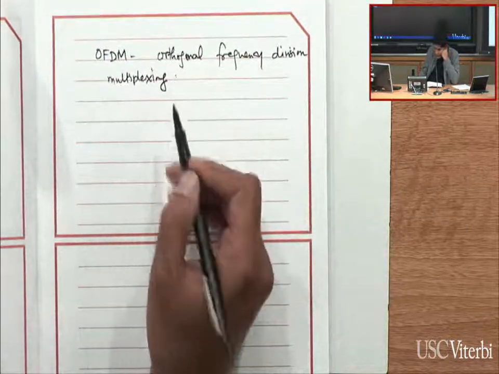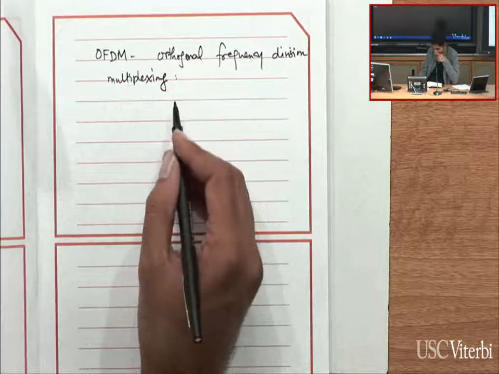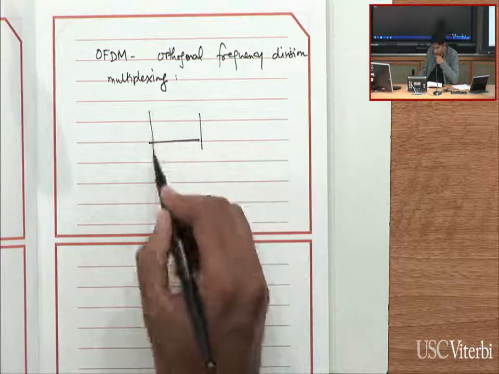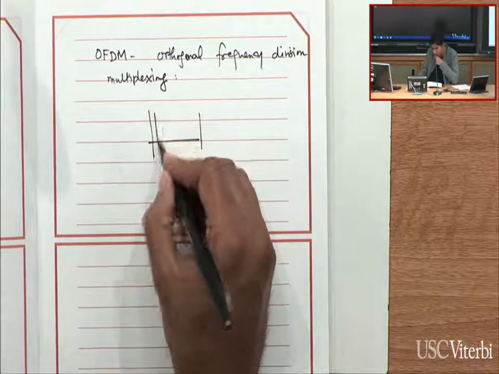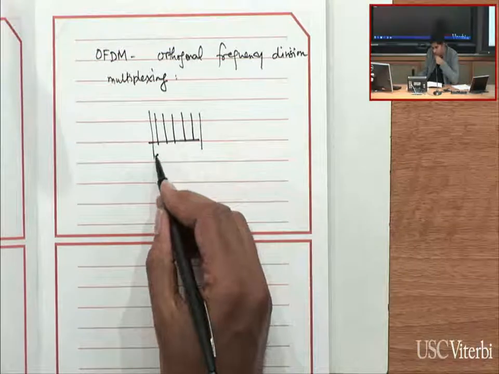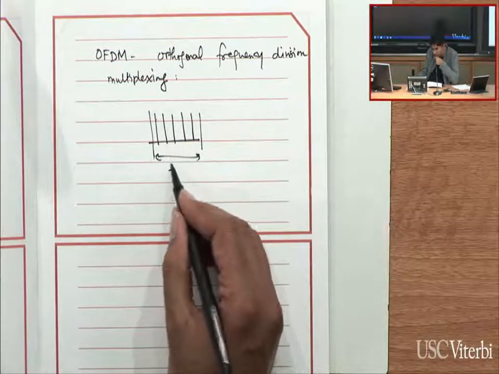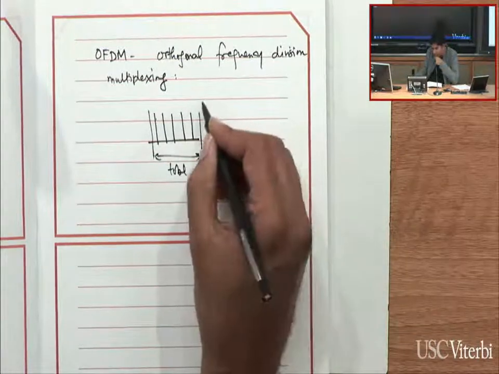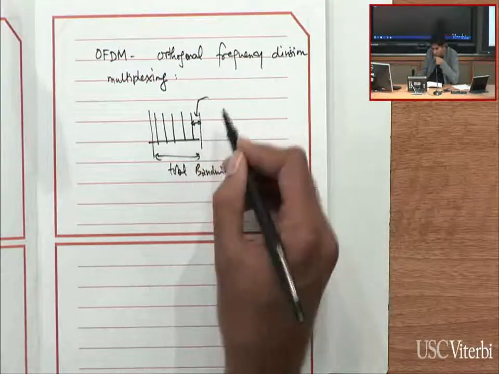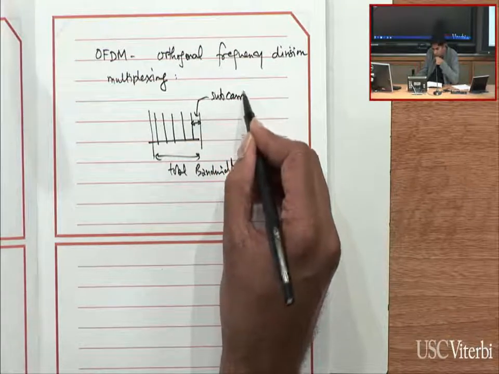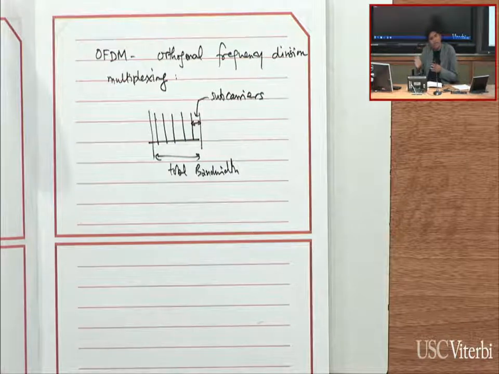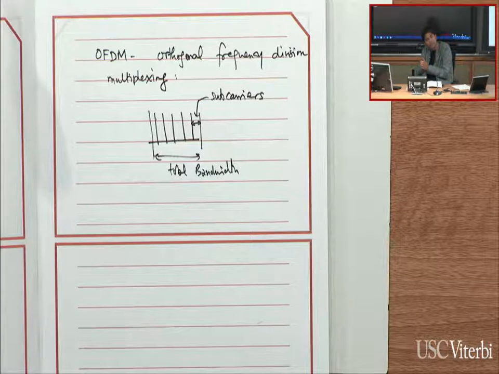One way to think about OFDM is you're taking your available bandwidth, the overall total bandwidth, and splitting it into a number of what are called subcarriers. And each of the subcarriers has its own stream.